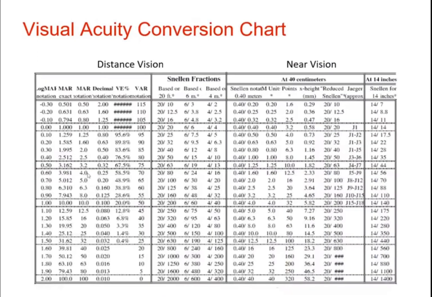So how does it actually look? This is a conversion chart. If you look at a 20/20 vision for Snellen, that equates to a decimal of 1 and a logMAR of 0.